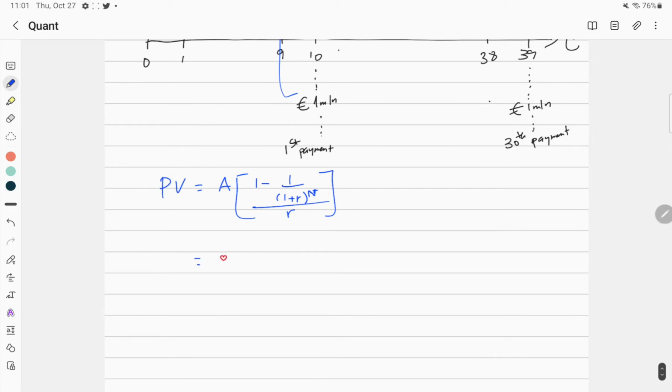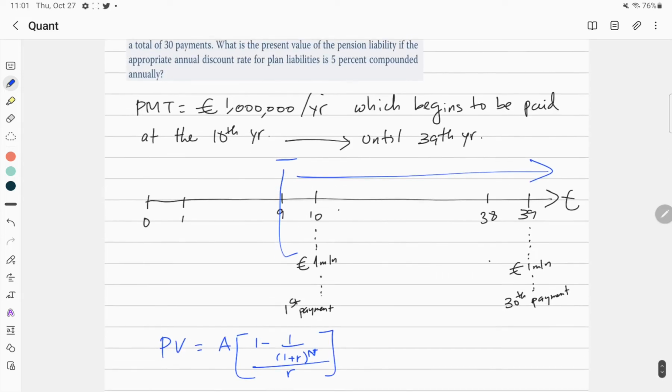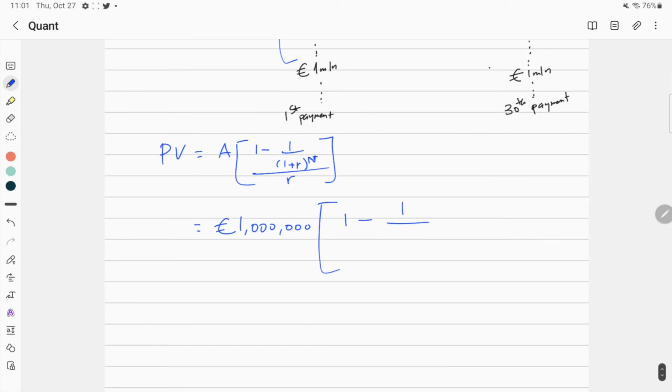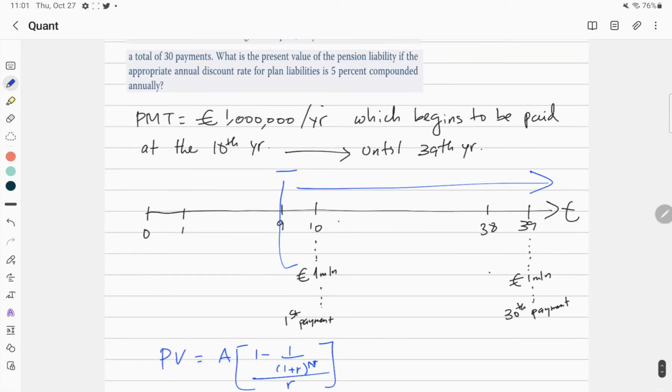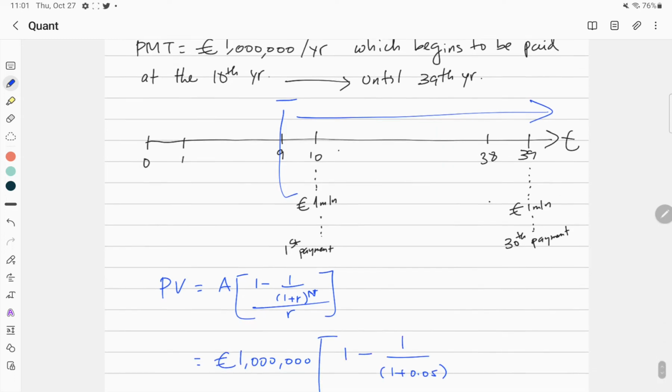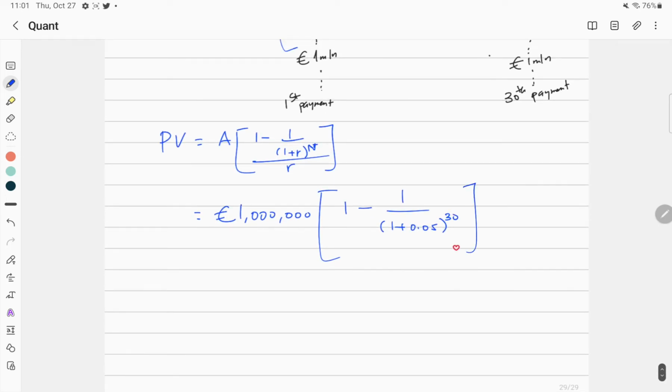So we have 1 million euros multiplied by 1 minus 1 over 1 plus r, our interest rate is 5%, raised to n. How many years? 30 years, right? Divided by 0.05. Now, this will result in 15,372,451.03 euros.